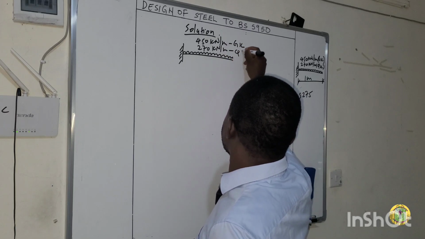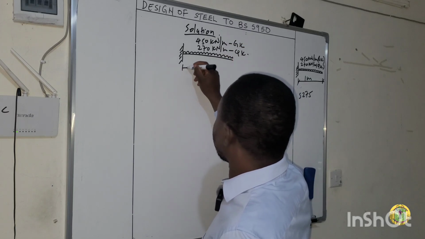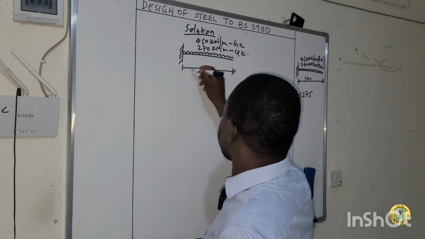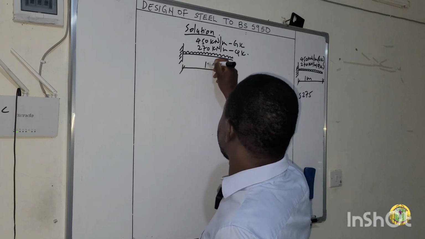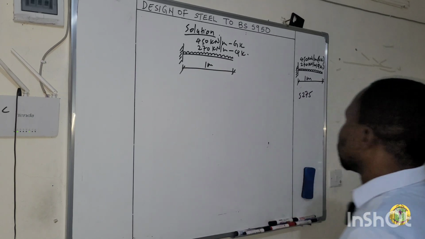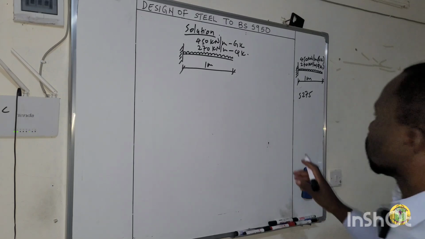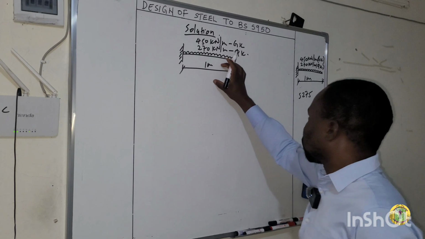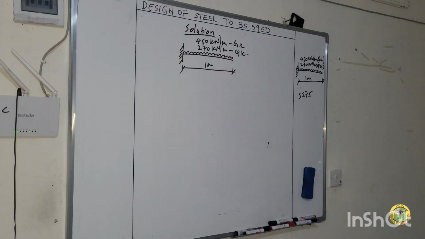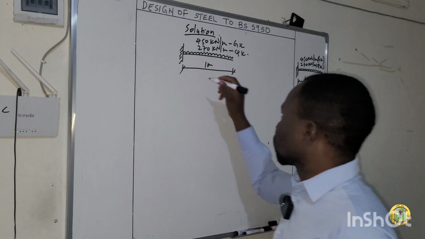This is QK, and the beam is 1 meter long. So the first thing to do is to calculate the total ultimate load applied on this beam so that we can calculate the reaction at A.